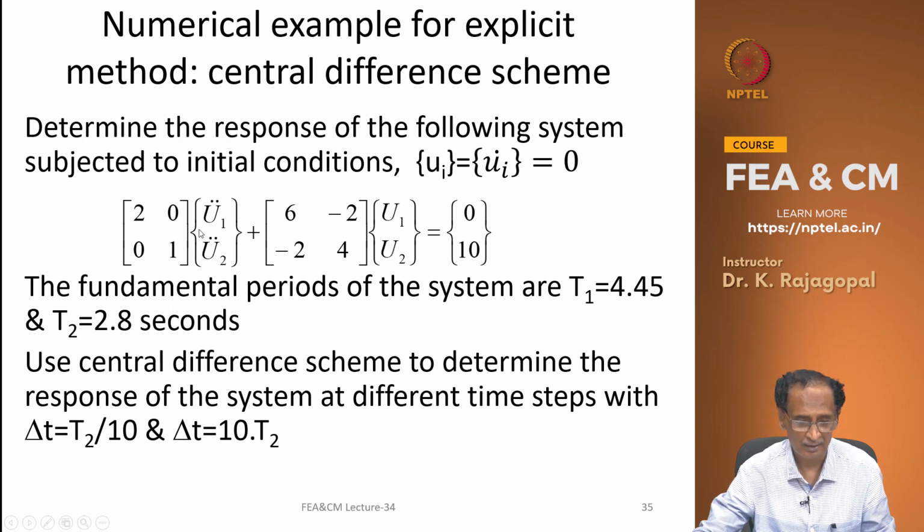Let us consider a 2 degree of freedom system without any damping, and this is our mass matrix, and there are only 2 degrees of freedom.